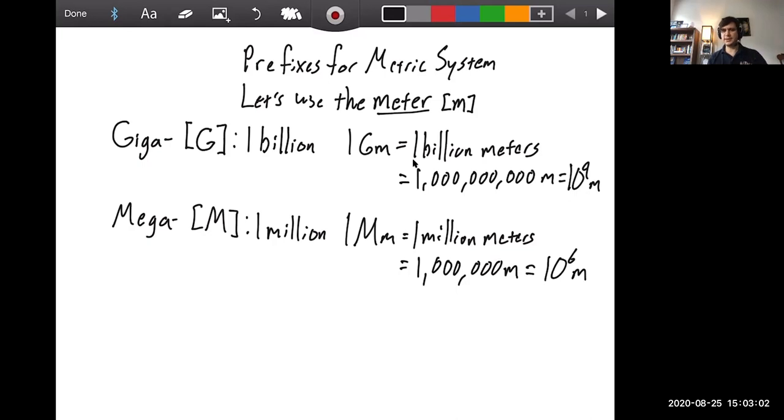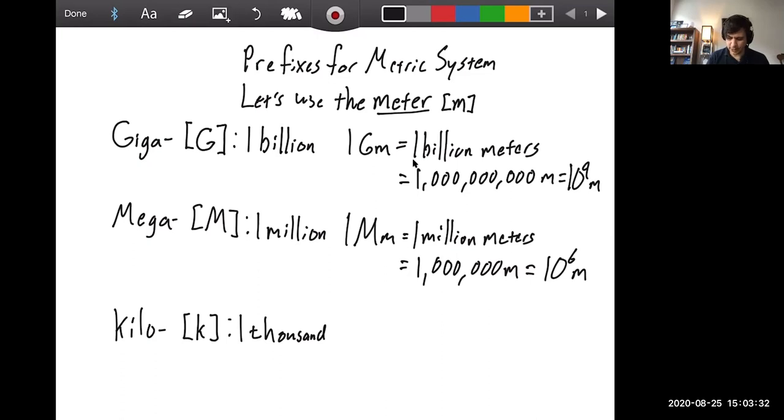So you can see it's really easy to just say 1 megameter instead of writing out large numbers like 1 million meters. And if we're talking about the prefixes that are bigger than 1, we'll have one more. We have kilo. And here we use a lowercase k. And it means 1,000 of something.